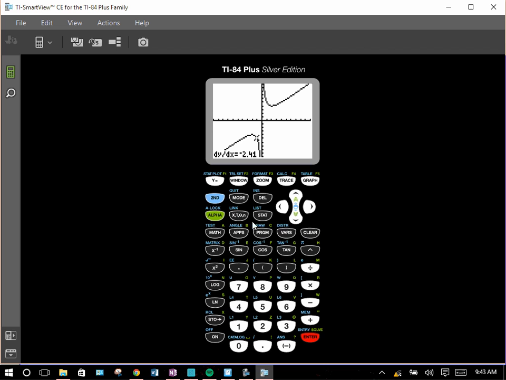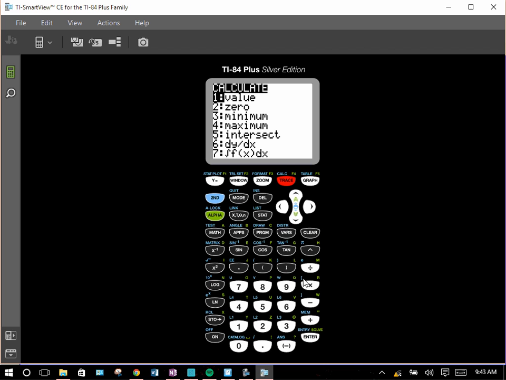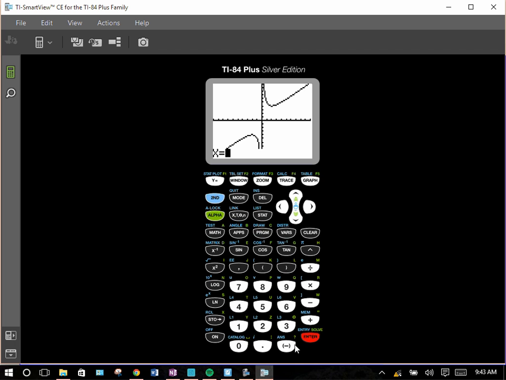We hit second, trace, we want the value option, so we hit enter. X is equal to negative 1.083. So y is negative 4.776.